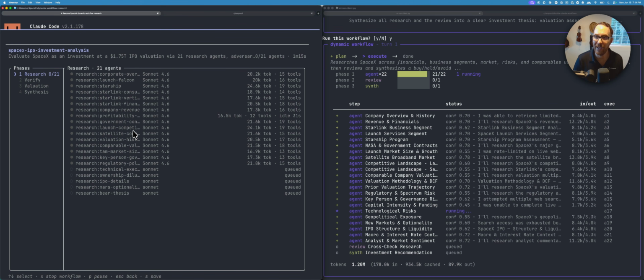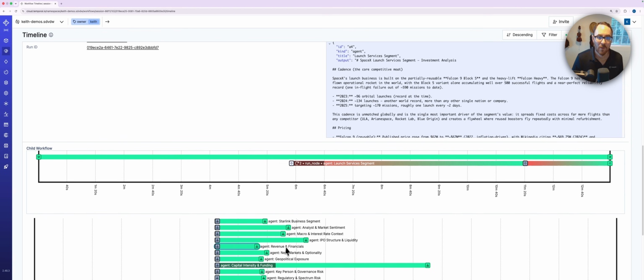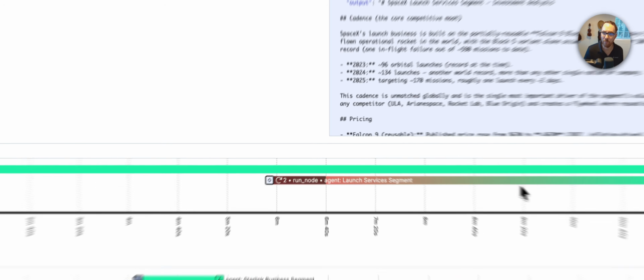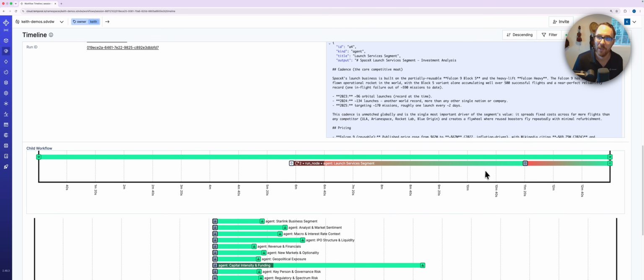And if we look at Temporal, we see here that, in fact, there was a problem with this agent, but we see that it was able to resume execution. It was red. It was having a problem because we killed the worker that was running the process, but as soon as that worker came back online, it was able to resume.